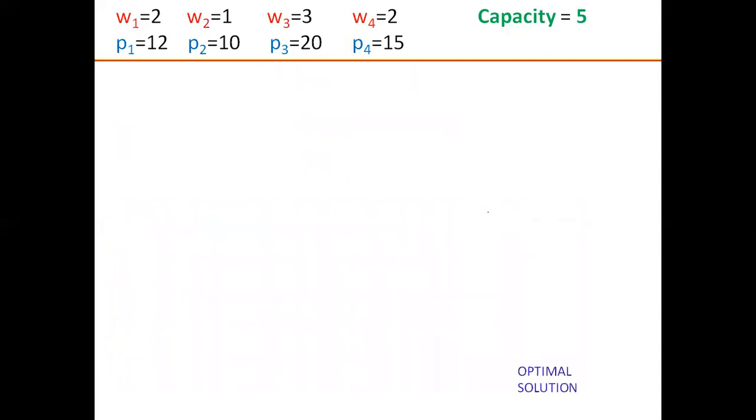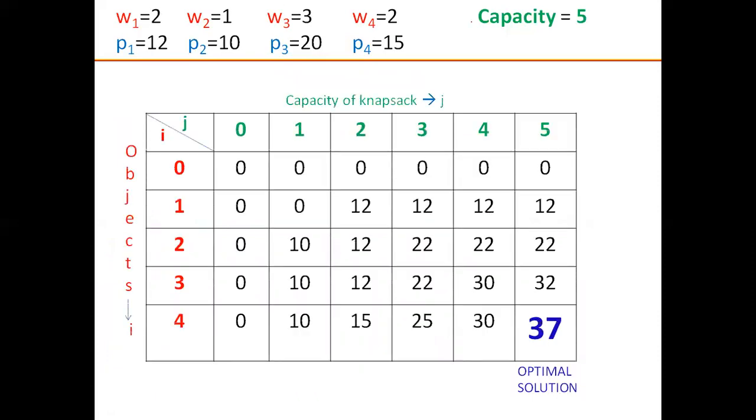So now here my optimal solution will be available at last row and last column of the table. So last row, last column of the table is this. So here I got maximum profit.